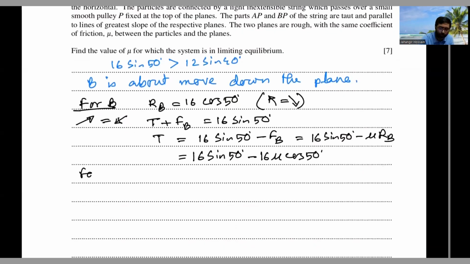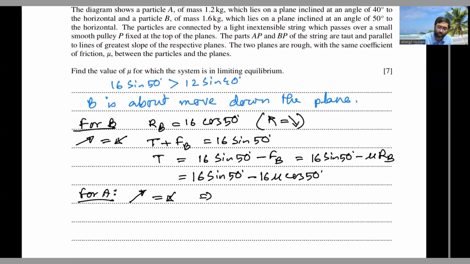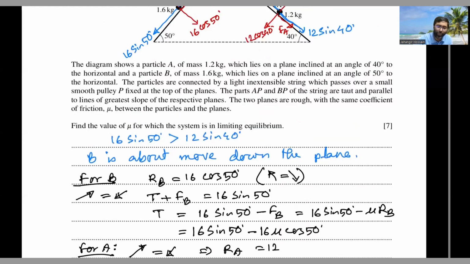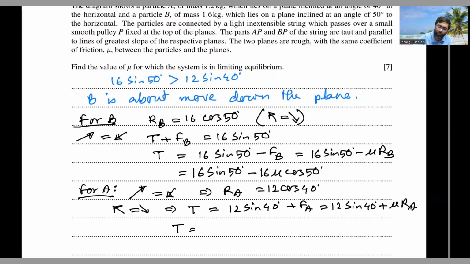Okay. Now for A, the normal reaction, normal to the plane, R_A equals 12 cos 40, and along the plane, upward is T, downward is 12 sin 40 plus friction F_A. So T is 12 sin 40 plus mu into R_A, which is 12 sin 40 plus 12 mu cos 40.